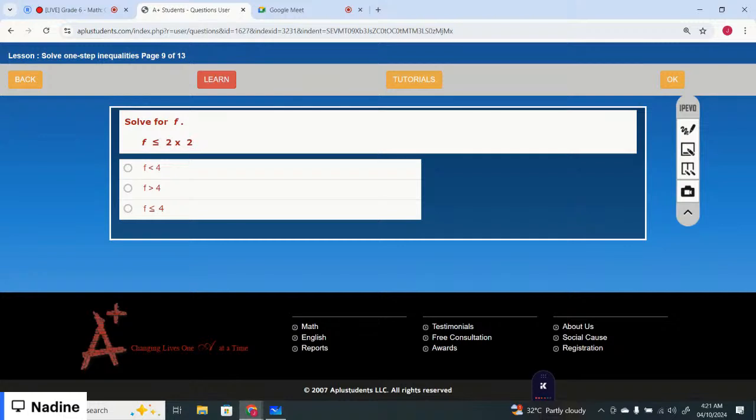Solve for F. F is less than or equal to 2 times 2. So which is the correct option?